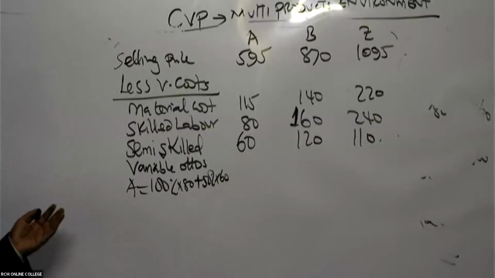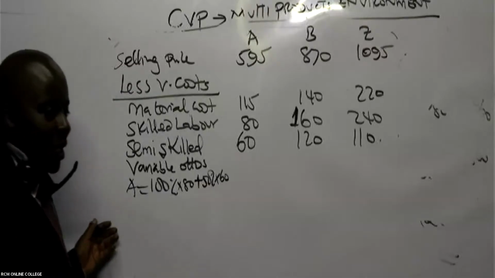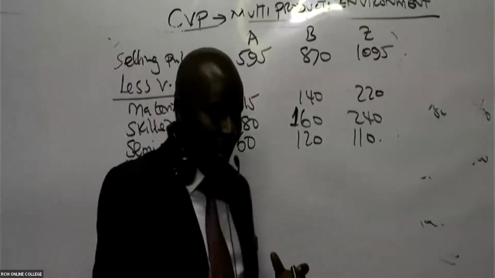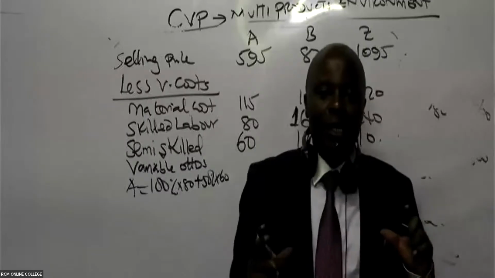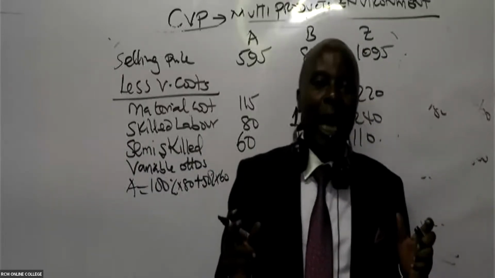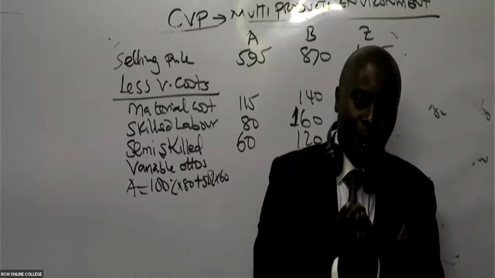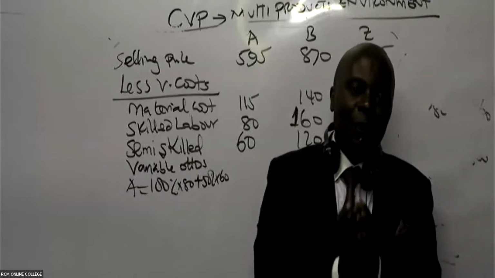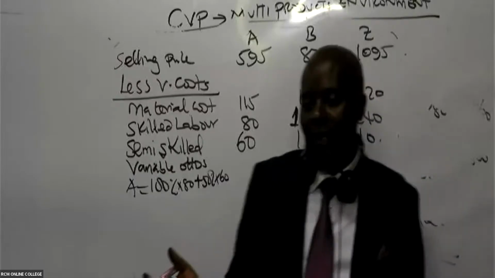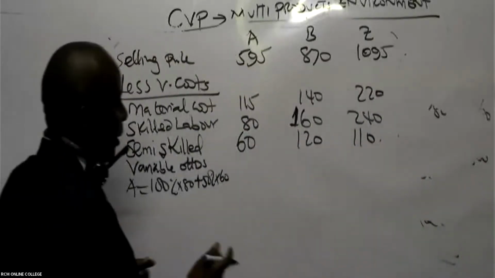That's what they have told you to do. Being a management accountant is really an easy thing because they have told you to absorb these variable overheads into cost units at 100% of skilled labor plus 50% of semi-skilled. So is there somebody who can give me this number?